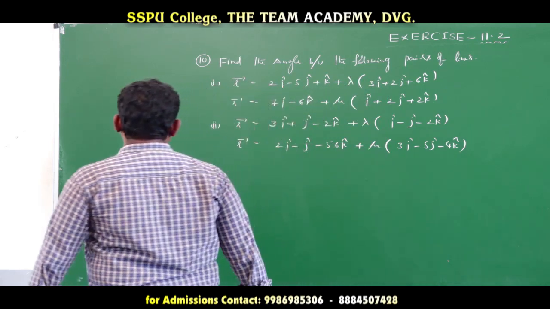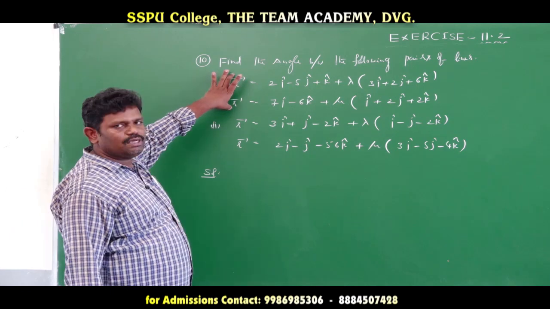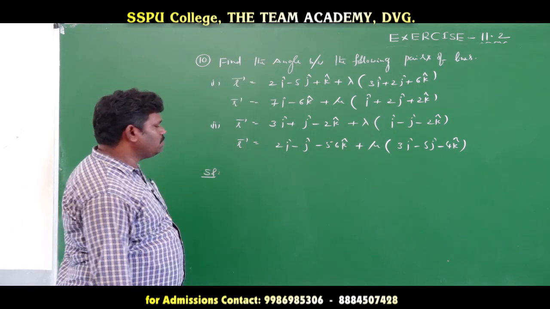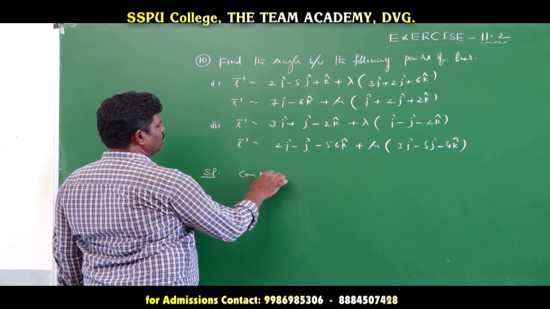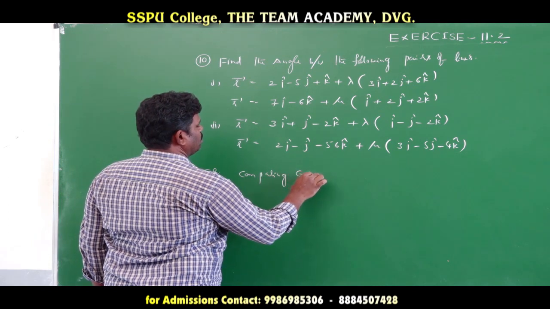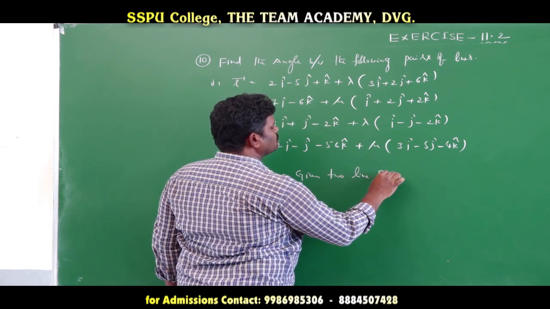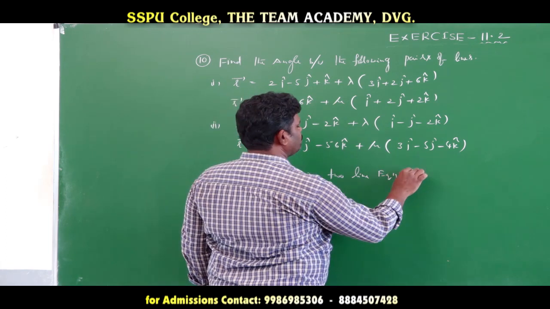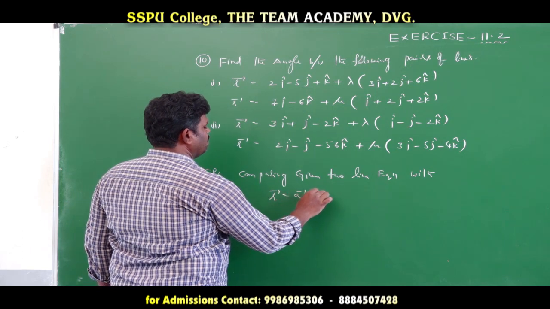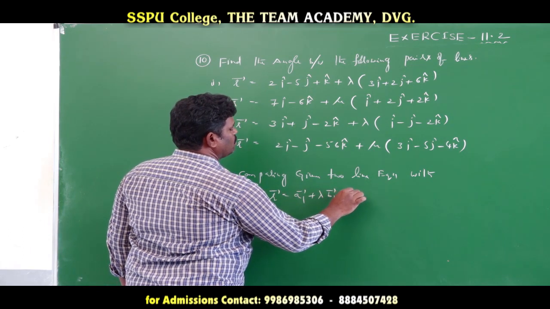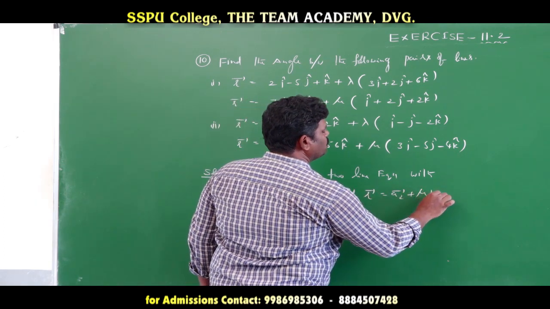So first, the first question answer, Sima. What we have done: from the 2 given equations, comparing the given 2 line equations with R bar is equal to A1 bar plus lambda into B1 bar and R bar is equal to A2 bar plus mu into B2 bar.